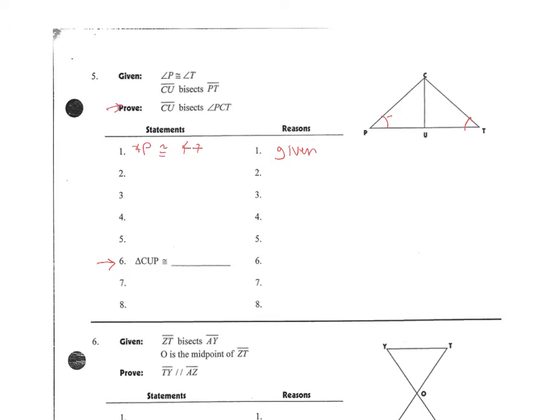Okay. And if we look at that, what we should see is that those are base angles. And so where we can go with that is then to be able to say that segment CP is congruent to segment CT, and that would be the converse of the isosceles triangle theorem, which is that if we have base angles that are congruent, that implies that we have congruent sides there.